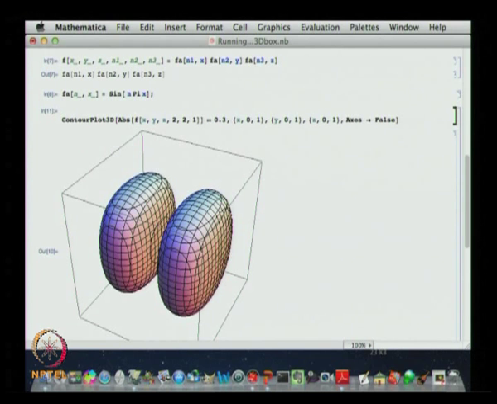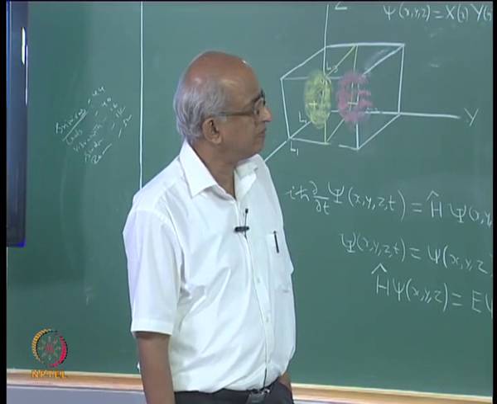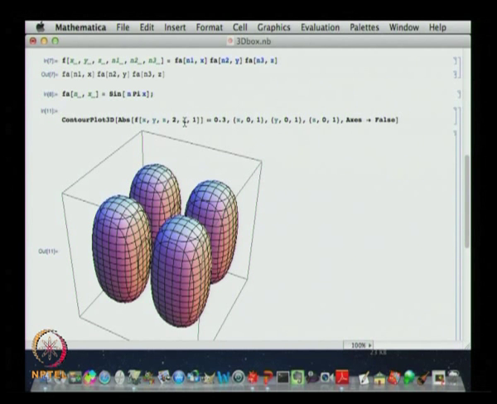As I said, the calculation does take a little bit of time. It has to find the surface and then plot it. Okay, this is how the function looks. If you want, I can even rotate it, but even rotation may take a little bit of time.